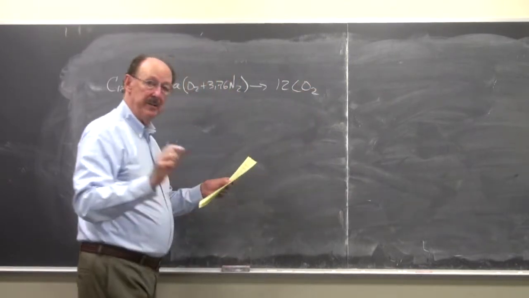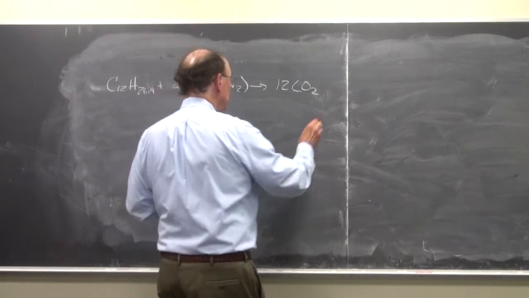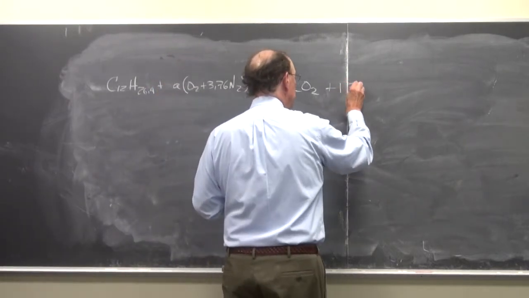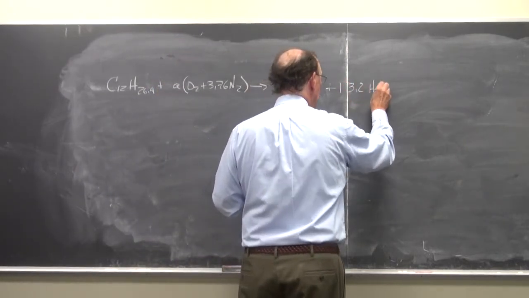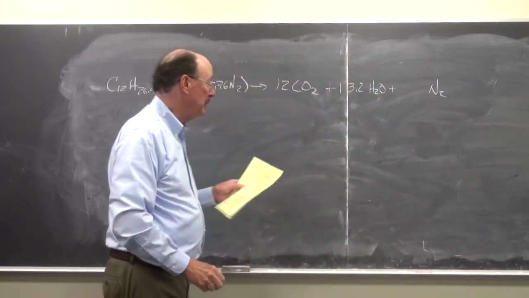So this is for 100% complete combustion, so we don't have any CO around, plus 13.2 H2O, plus we're going to have some N2 left over, but we're not going to have any O2.